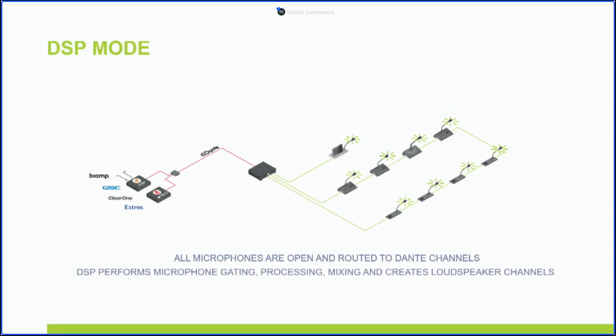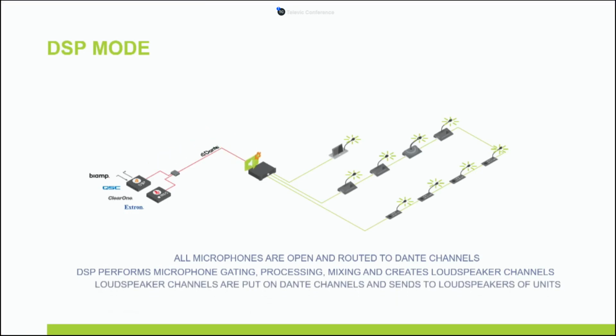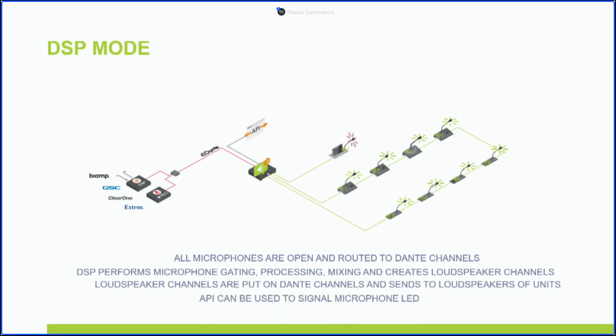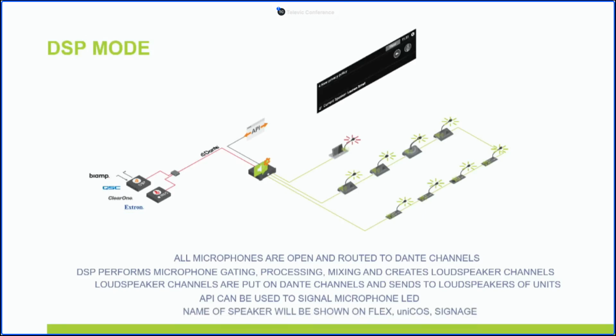The DSP can then perform all the magic, like gating, processing, mixing, routing, and create then the individual loudspeaker channels that can be sent back towards the delegate units. So they're put on a predefined Dante channel, and then it's sent to the loudspeakers. But still, you can use an API to say, okay, it's delegate 3 that is now speaking. And so then also the LED will be activated, and you will see it on the flex unit. Speaker 3 is now actively speaking. You will see its name and so on.